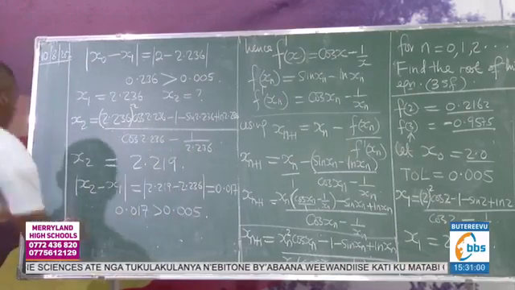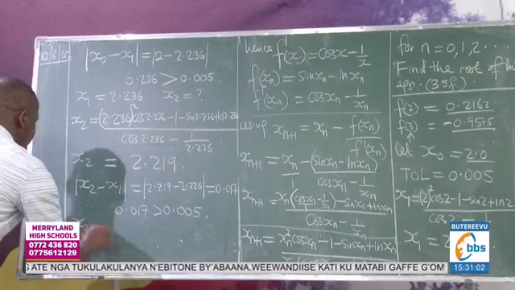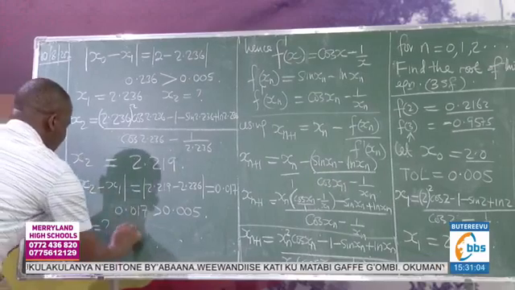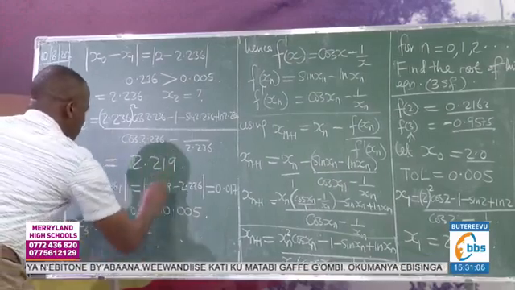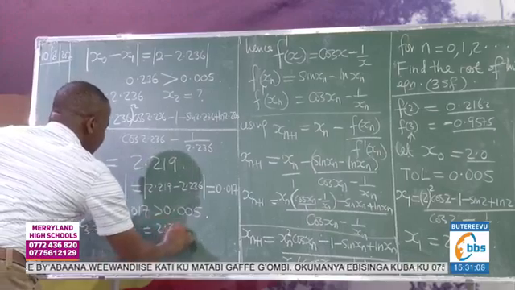So we try to look for the third value, given that our x2 is now 2.219.